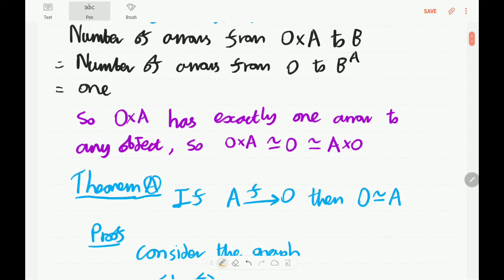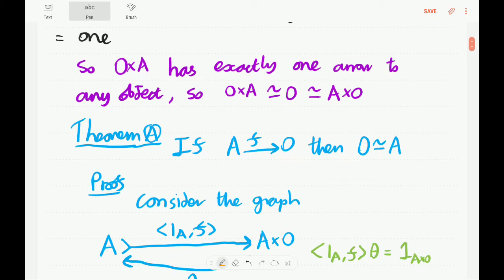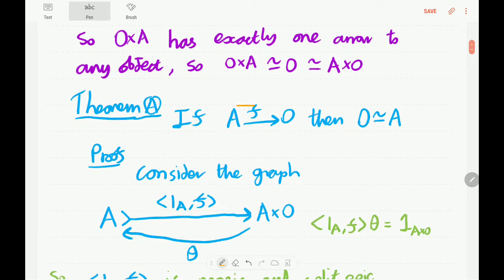Okay, so now we come to a really cute theorem. This is Theorem A, and Theorem A says that if we have any arrow from some object A into an initial object, then it follows that A is actually isomorphic to the initial object.